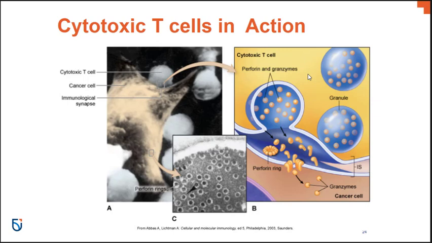After forming an immunological synapse, which you can see happening here with the tumor cell, the cytotoxic T cell releases what's called perforin, which essentially triggers apoptosis or cell death of the cancer cells. So perforin almost perforates the membrane in order to allow granzymes to then enter the cancer cell and trigger apoptosis.